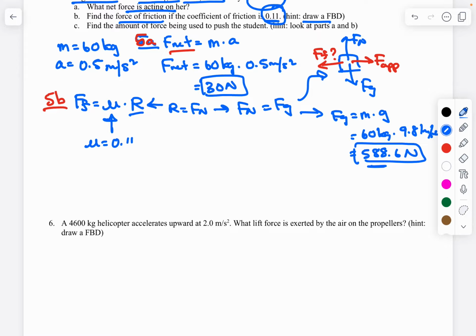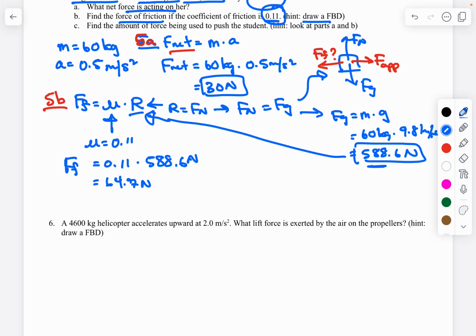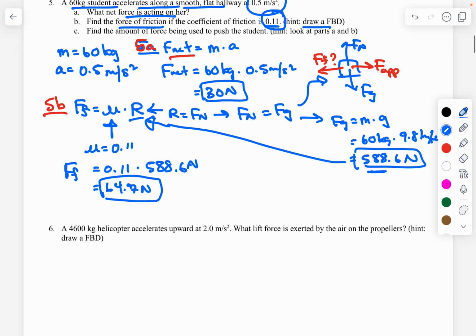Now we do 0.11 times 588.6, and we get 64.7, let's say. So we get 64.7 newtons. That is the force of friction.